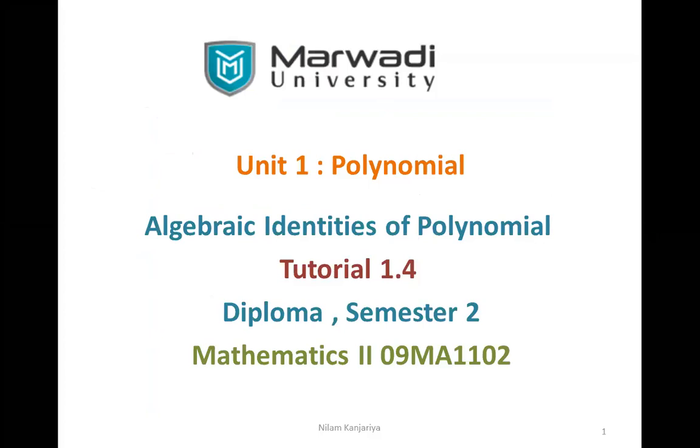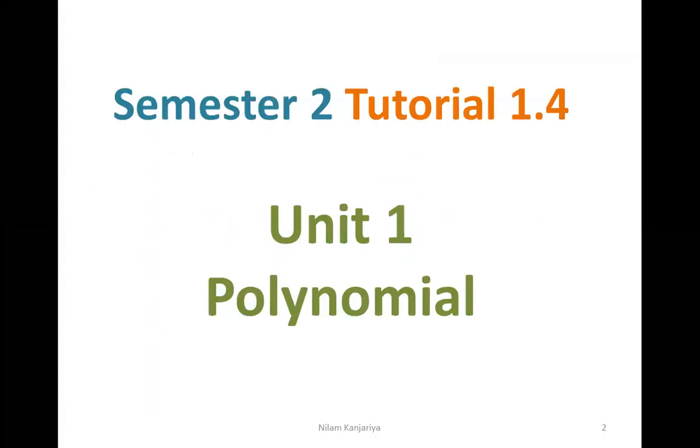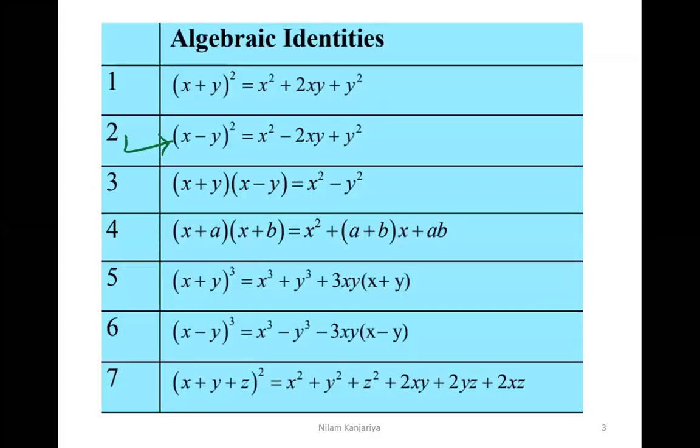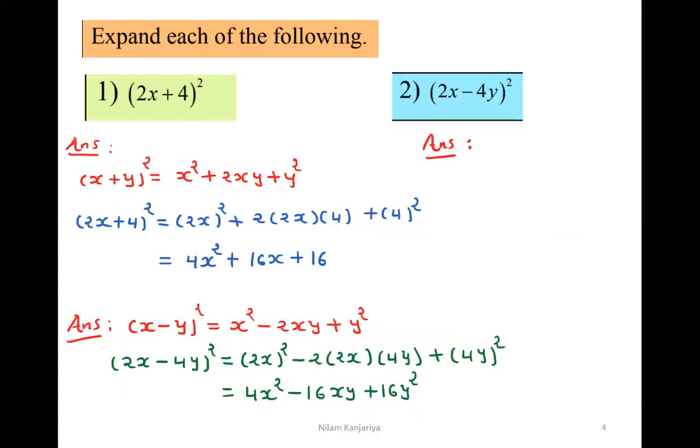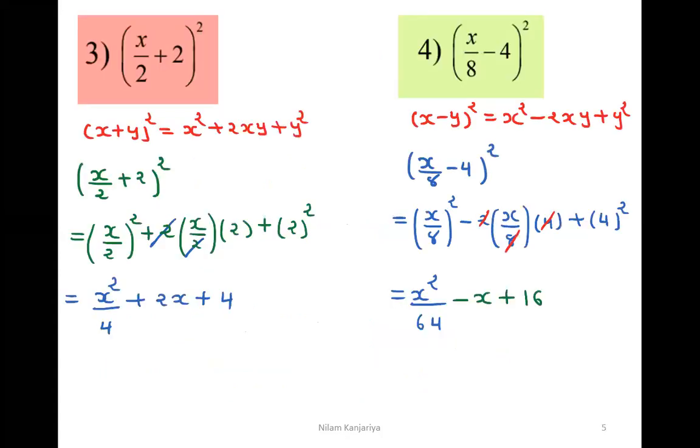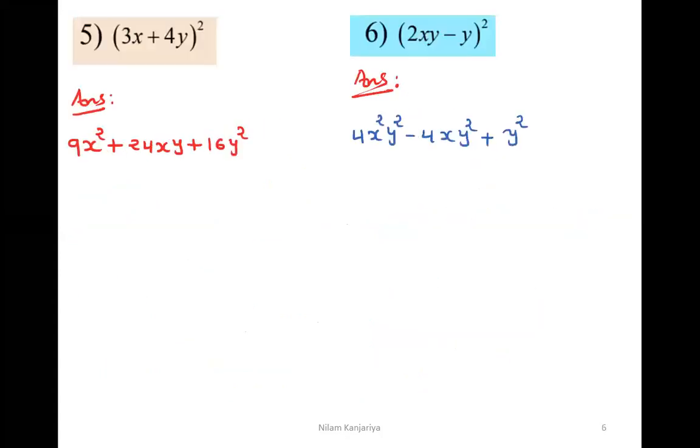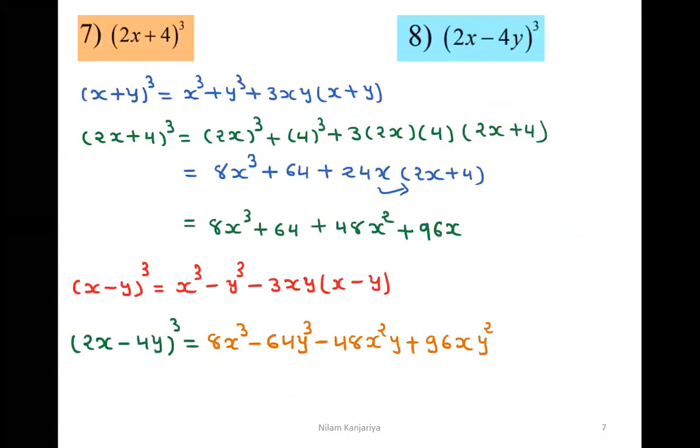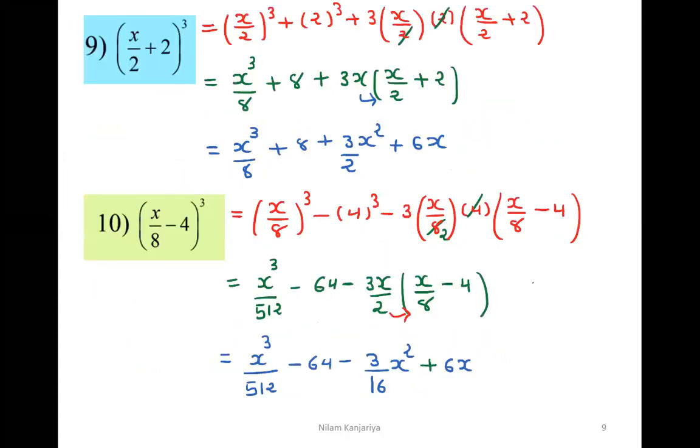In the last lecture, we studied unit number 1, tutorial number 1.4, algebraic identities of the polynomial. We can find the sum identities, and using them we can expand some questions. These are such questions we discussed before this lecture.